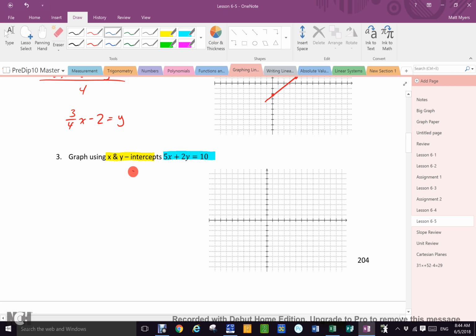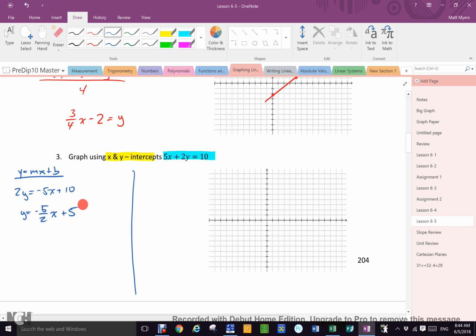So I'm going to put a line right here, and we can do this with y equals mx plus b. How? Let's isolate. 2y equals negative 5x plus 10, correct? Y equals negative 5 halves x plus 5. Agreed?